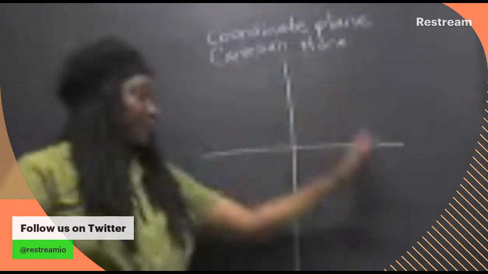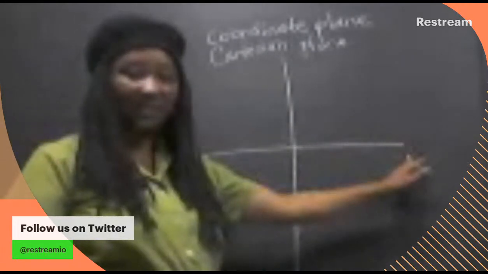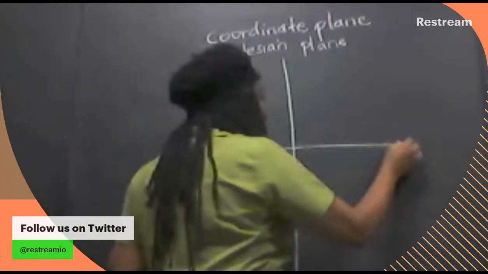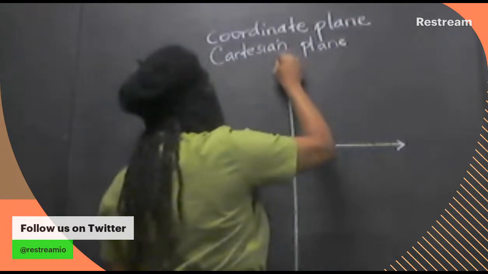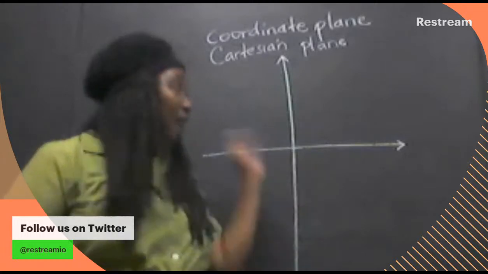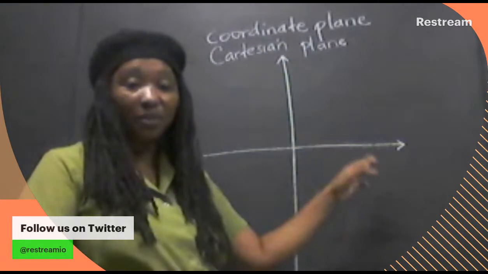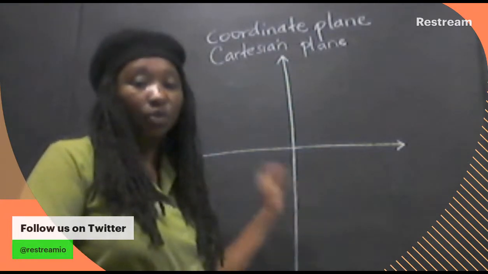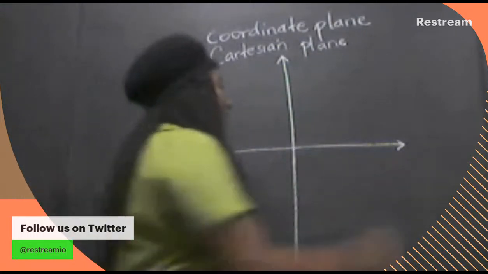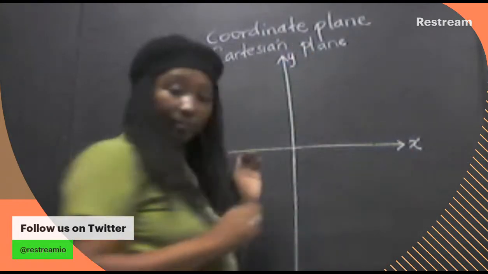On the coordinate plane, we have two axes, our x-axis and our y-axis. We're going to put little arrows, particularly on the positive section of the axis, and these arrows indicate that the axes continue indefinitely to infinity. And we're going to put x and we're going to put y.